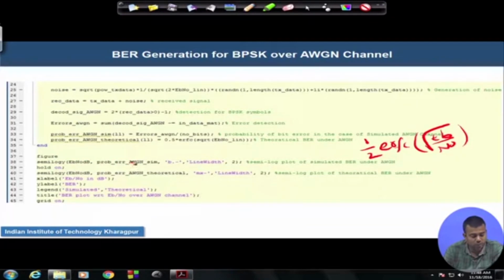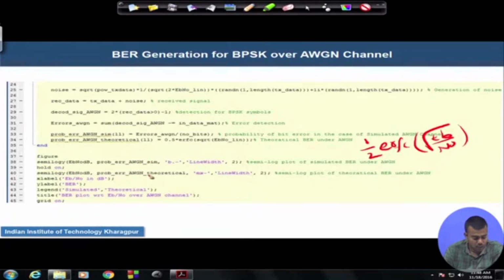The y component will be taken in logarithmic mode. Here the y component is the probability of error. So it will plot the probability of error in simulation, and I am holding the graph.